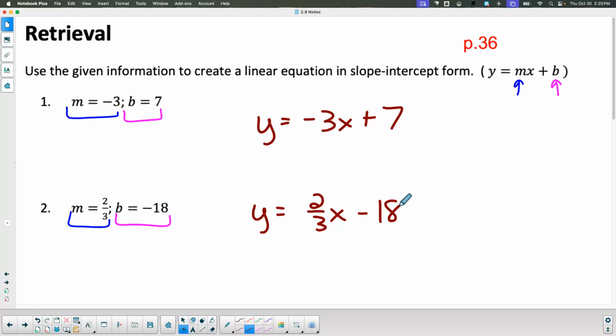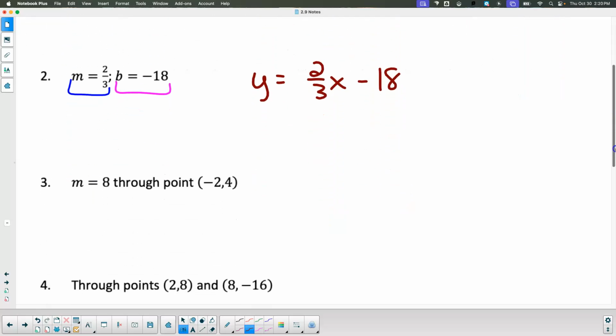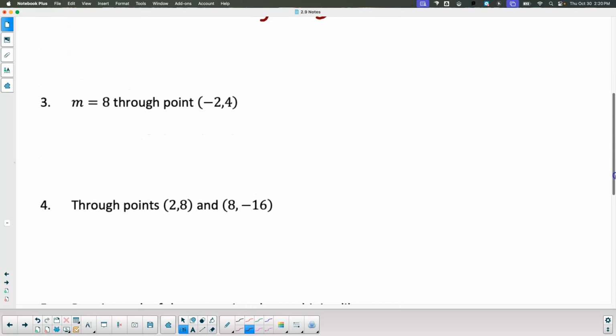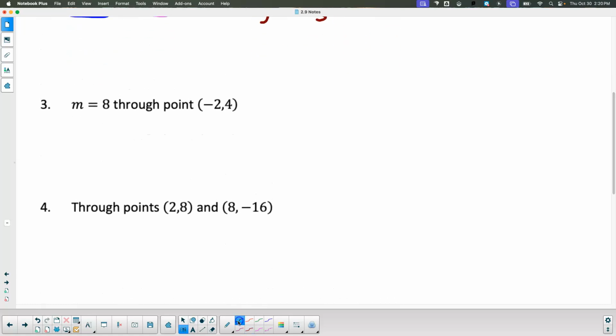Then, as we were talking about, Emeril Lagasse kicked it up a notch and said, now we want y equals mx plus b, but here it only gave us the m. So we've got y equals 8x, because we can plug that part in.